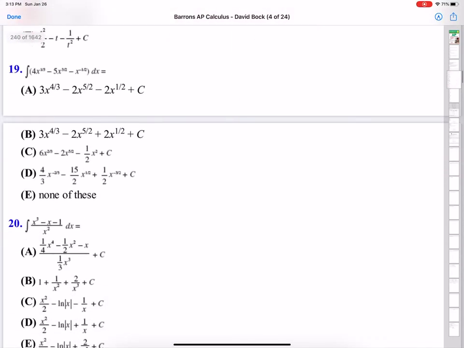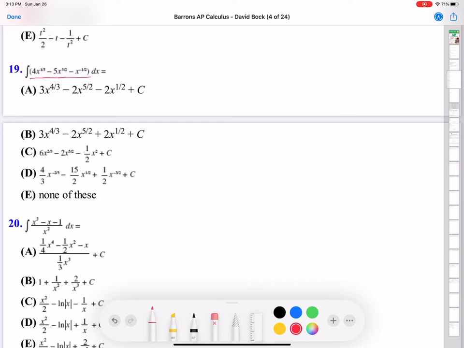Number 19. The integral of this looks very complicated, but actually it's not. Integral of 4x to the negative 1/3, minus 5 times x to the 3/2, minus x to the negative 1/2, dx.